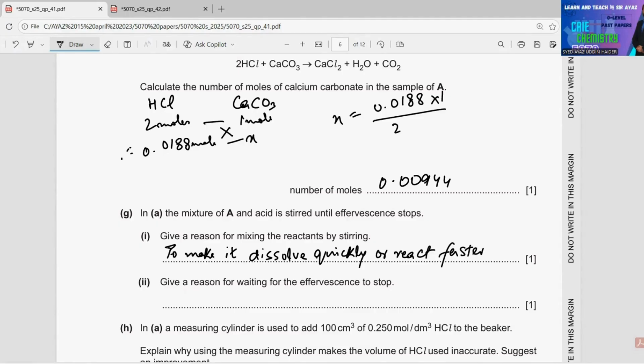Give a reason for waiting for the effervescence to stop. To make sure that the reaction ceases or is complete.